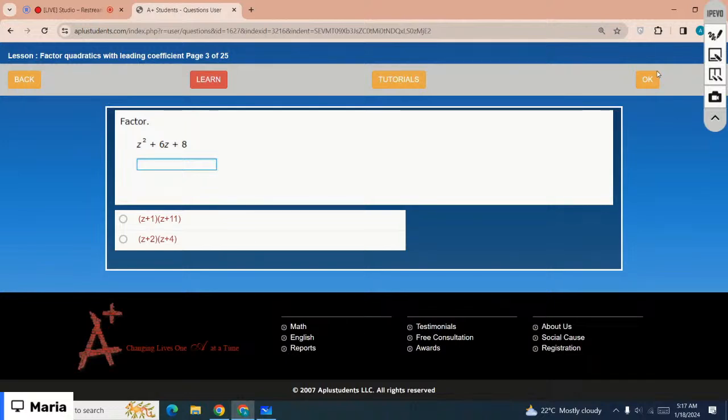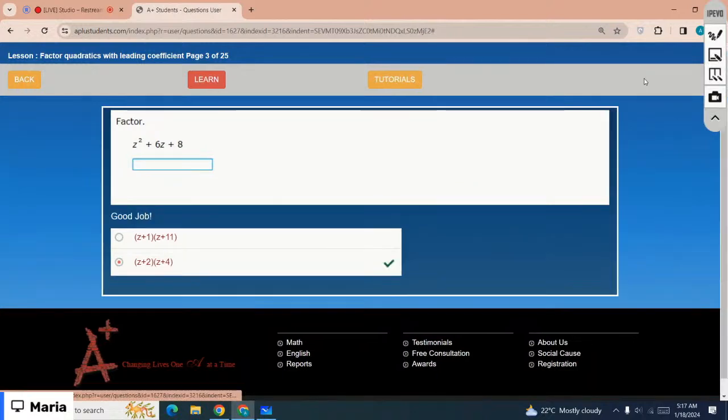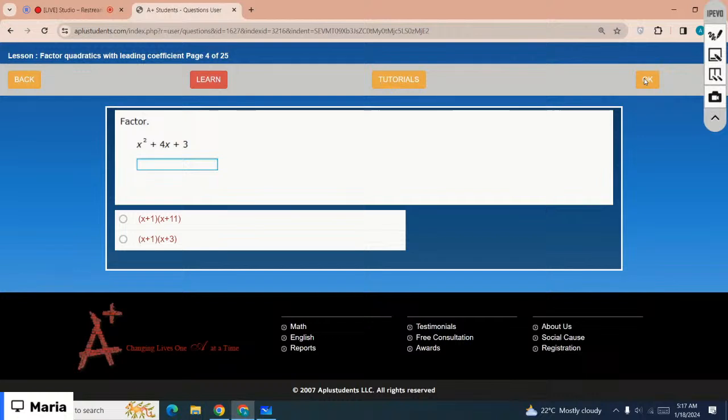So, which is the correct option? Yes, the correct option is z plus 2 times z plus 4, right? Option number 2 is the correct option. Factor x square plus 4x plus 3, which is the correct option?